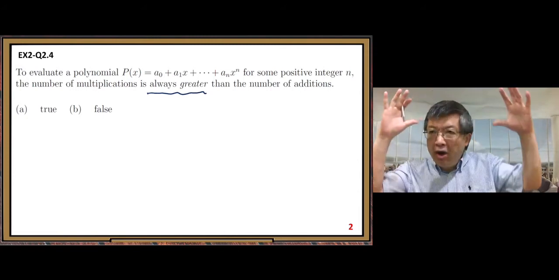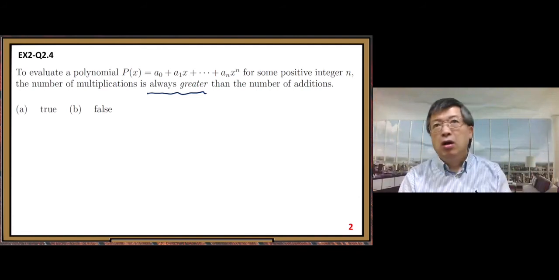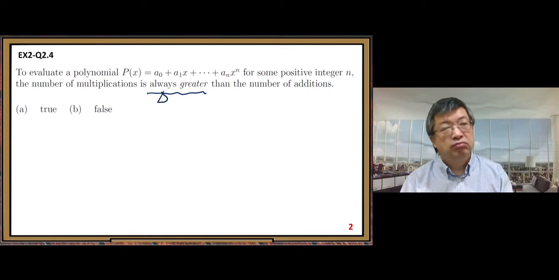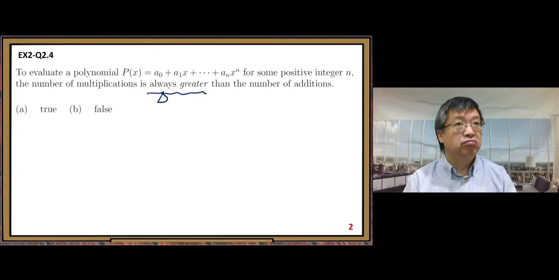Here we need to look at the whole statement. Always. The meaning of this always here: no special case. It is always true. There is no counterexample. If that is the fact, then you choose true.